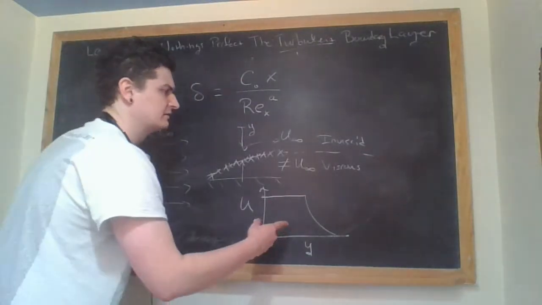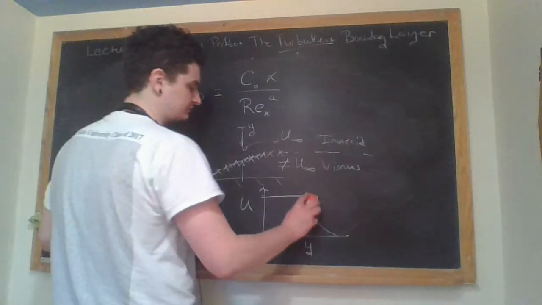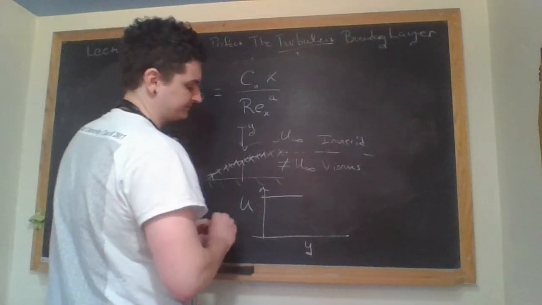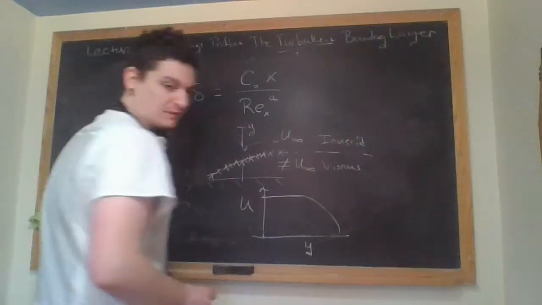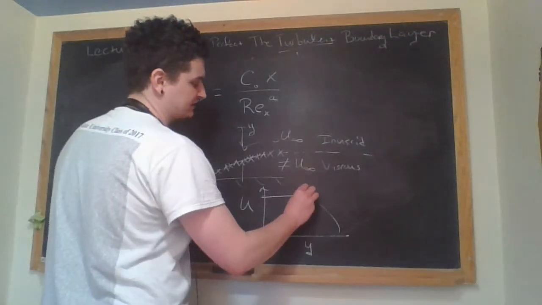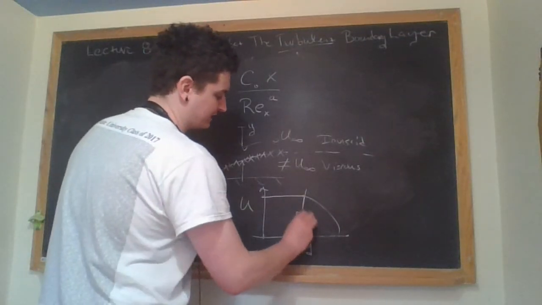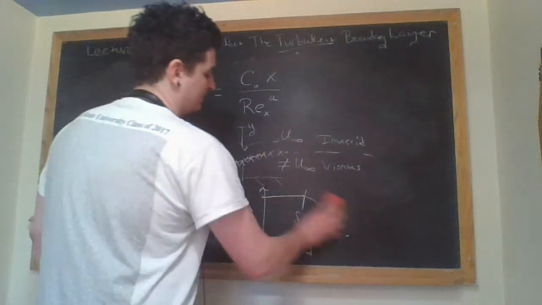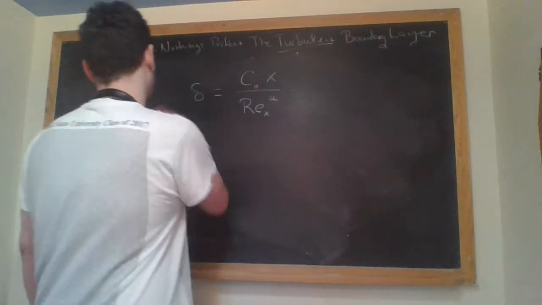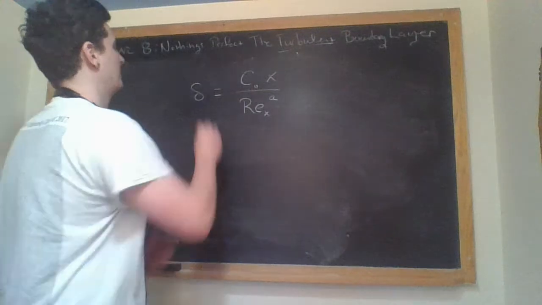Might not look like that, but something like that. But the thing is, you just need to care what that is. That would be the boundary layer at that point right there.